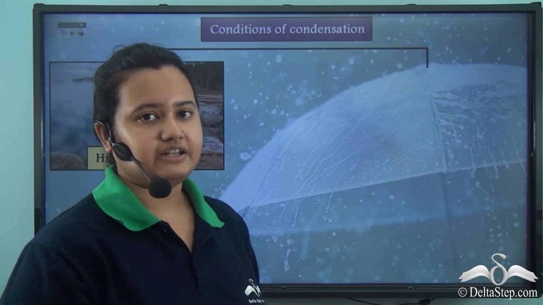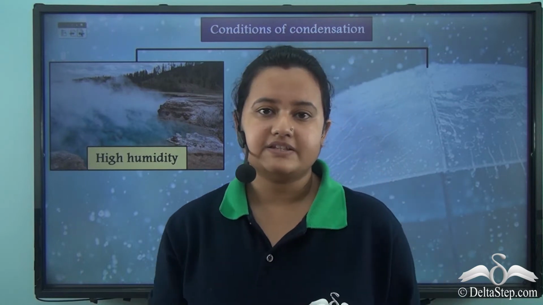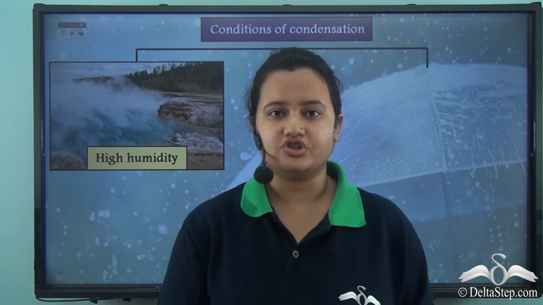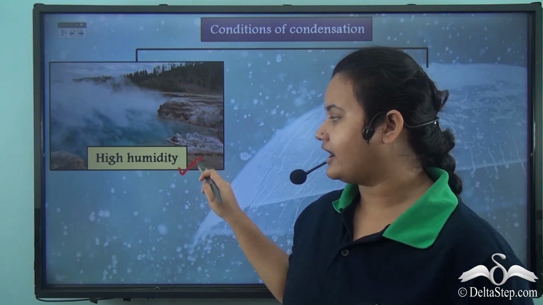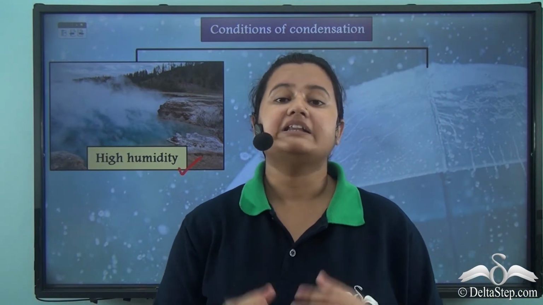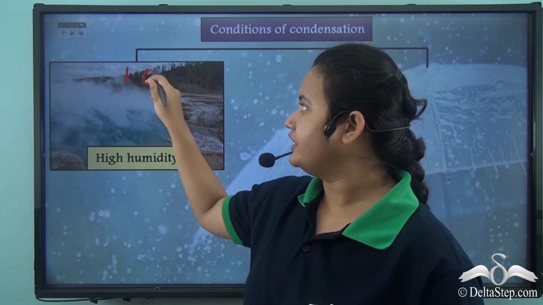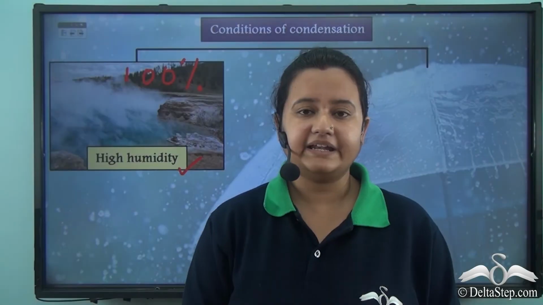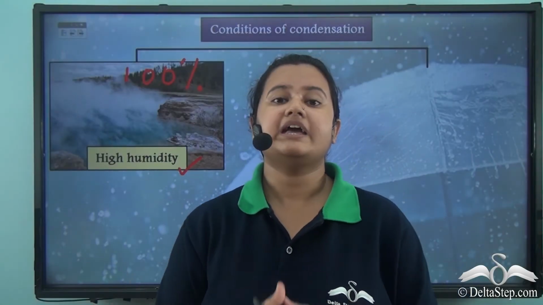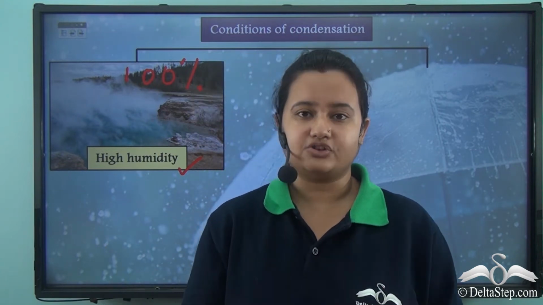The first condition that needs to be satisfied for condensation to occur in nature is that the relative humidity should be very high. In fact, the relative humidity should be 100%, and if the relative humidity is 100%, then air is fully saturated.